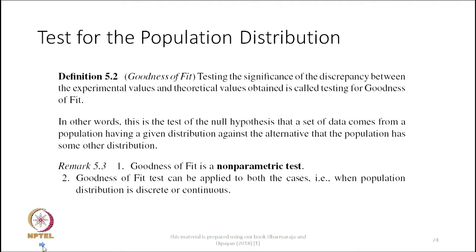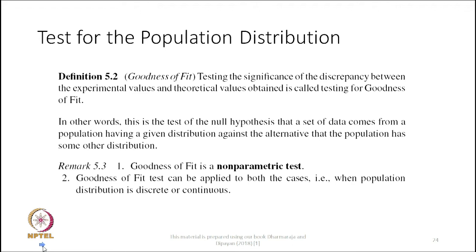But now it is possible to create a statement on the population distribution itself. Then you can conclude whether the statement can be rejected or not from the sample information with the given level of confidence.